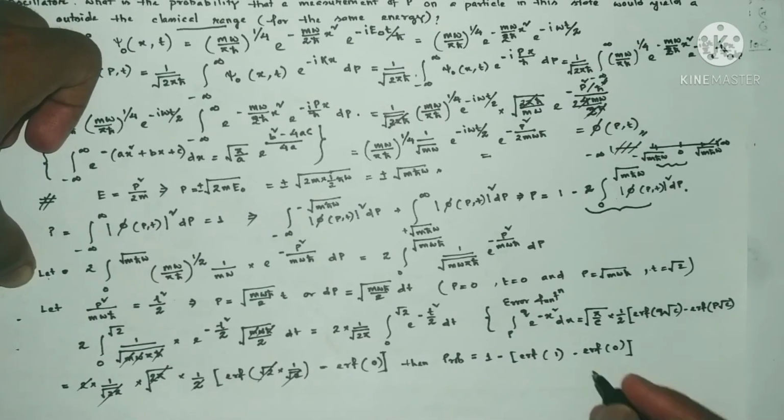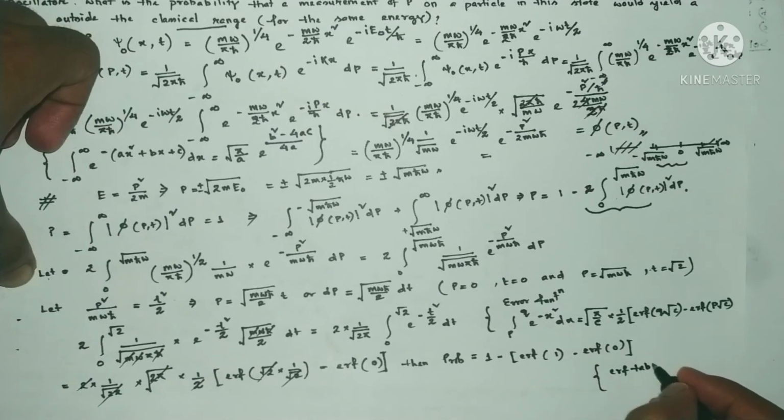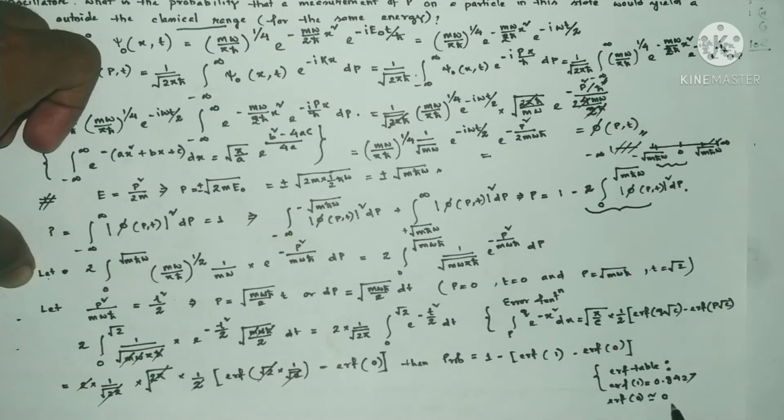So therefore, and see here, for this error function value you have to see error function table from Google. So from error function table we have error function 1 equal to 0.8427 and error function 0 you can neglect it, it's very small, so we'll take it as 0.